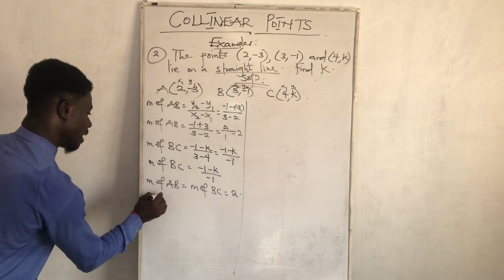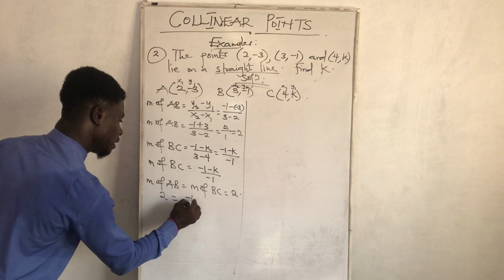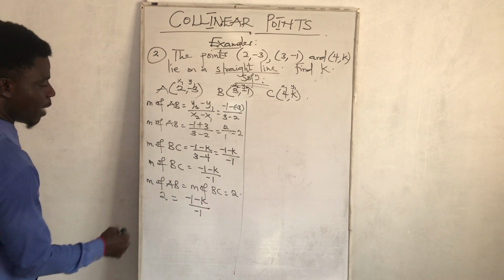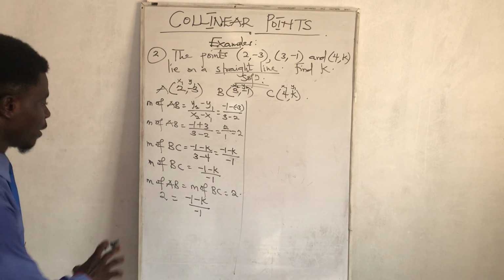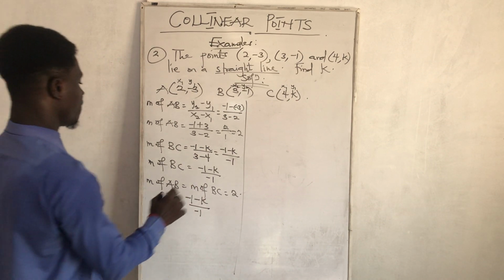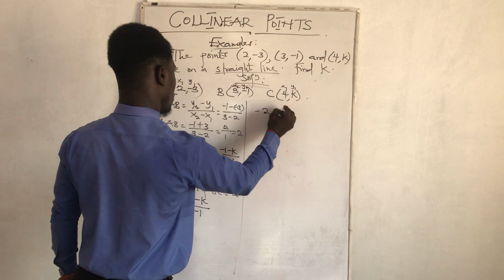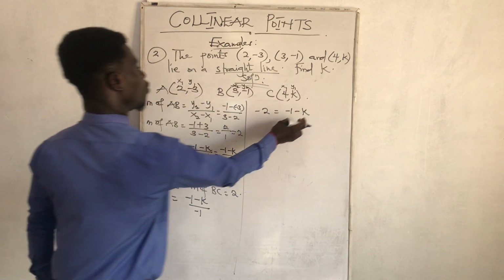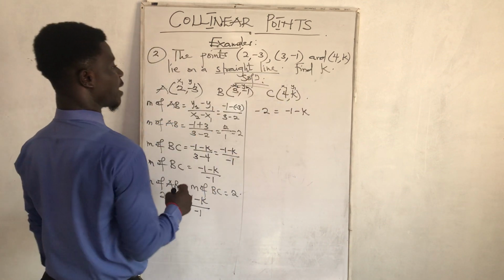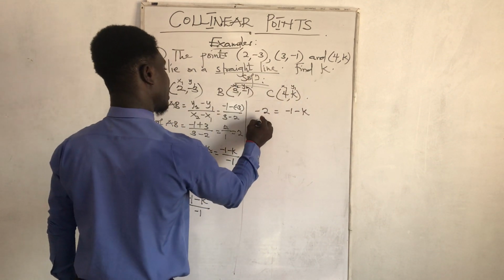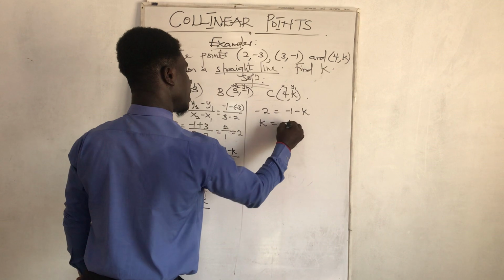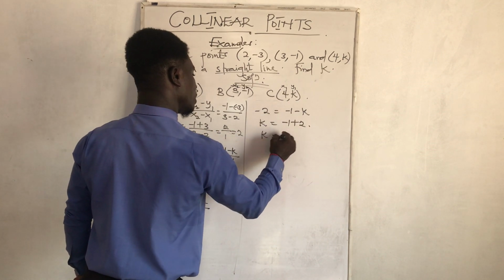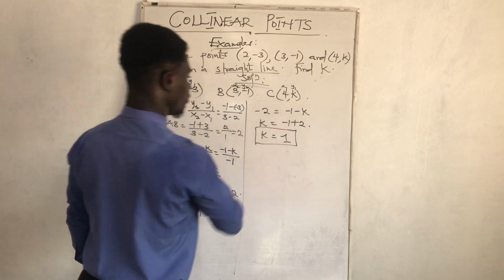So 2 must be equal to -1 minus k, all over -1. I multiply 2 by -1, because I have 2 terms here. So I have -2 equals -1 minus k. So negative k crosses the equal sign to the left hand side, I get positive k equals -1 plus 2. So k is equal to 1.